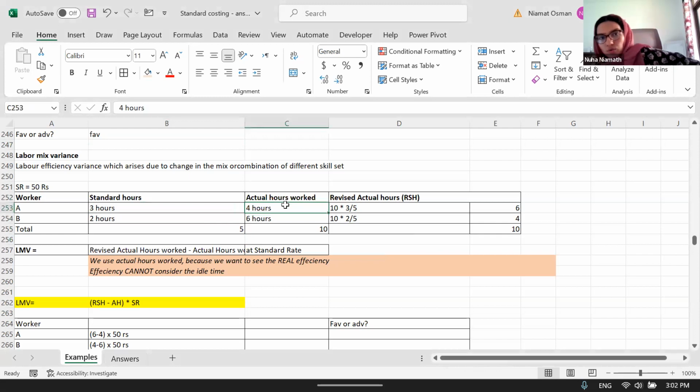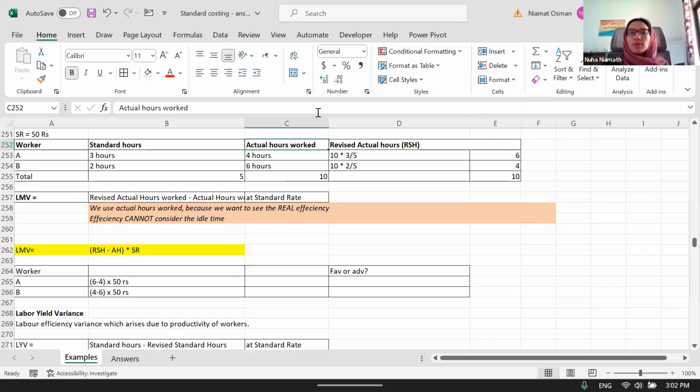Actual hours worked 4, 6 for B. So we will calculate the revised actual, which is 10 into 3 by 5 and 10 into 2 by 5. So that will become 6 hours and 4 hours. So we get a revised actual hours and actual hours. The difference between these two will give me my labor mix variance.